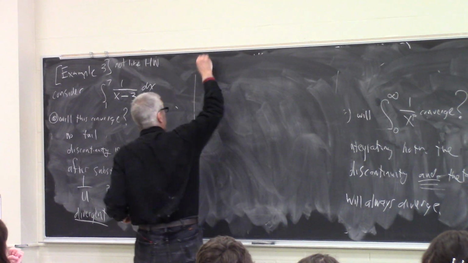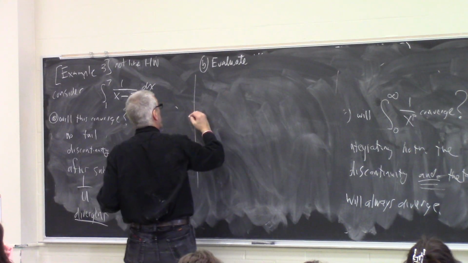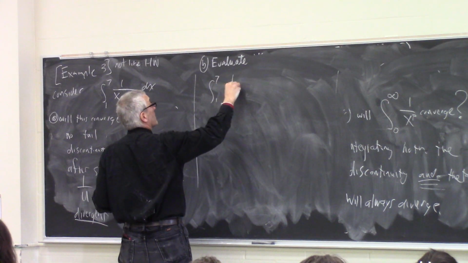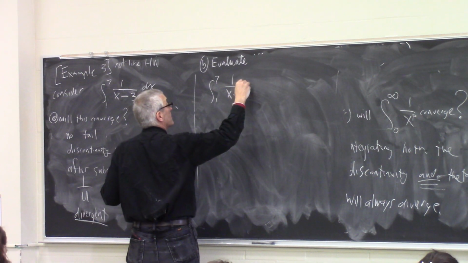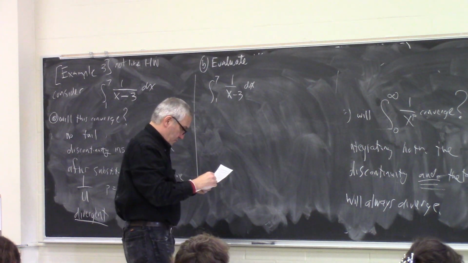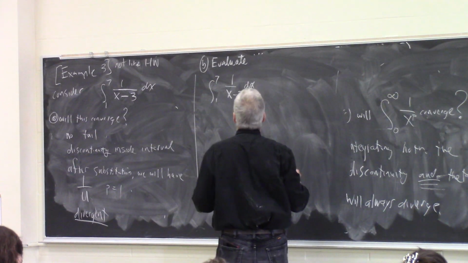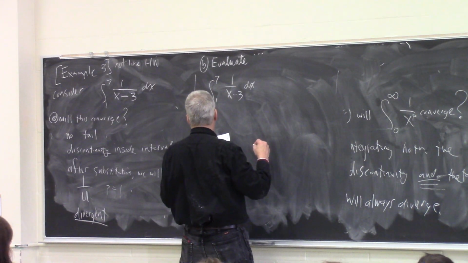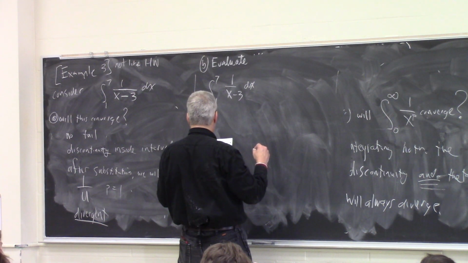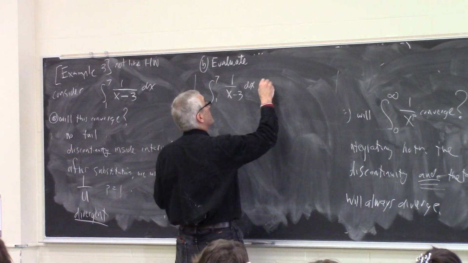So B, find the value or evaluate. We have the integral from 1 to 7 of 1 over x minus 3. Well, we have to do a u substitution.